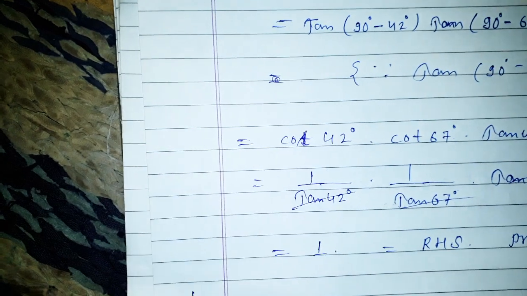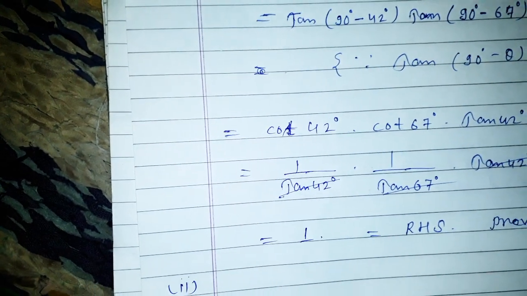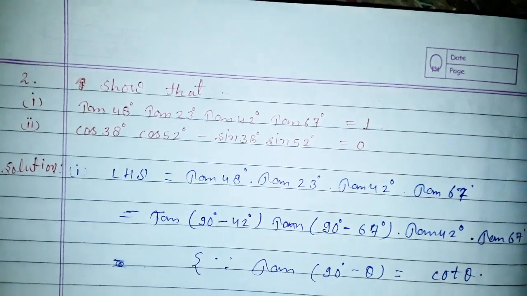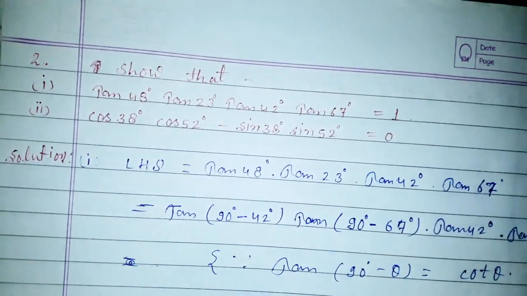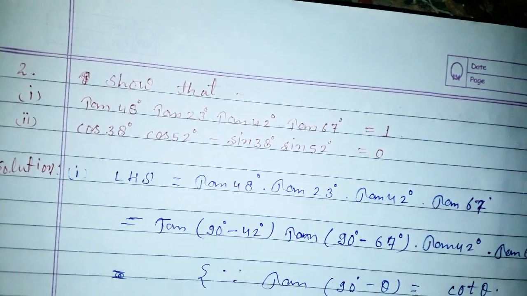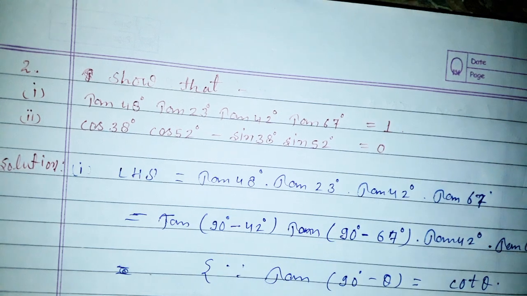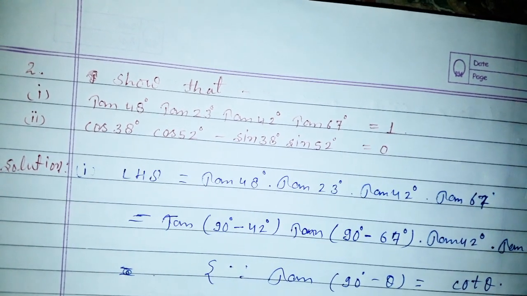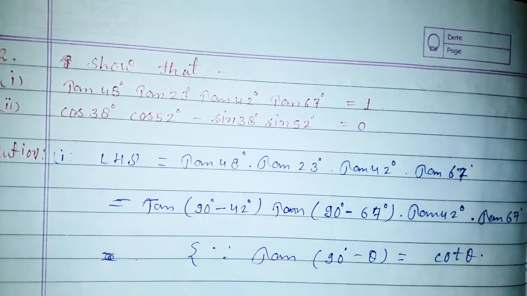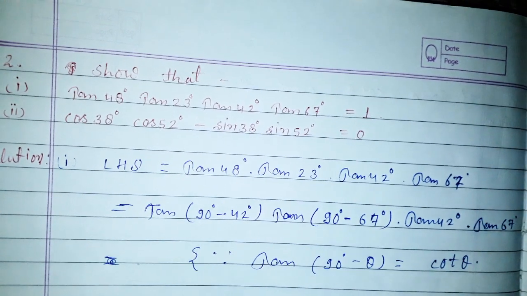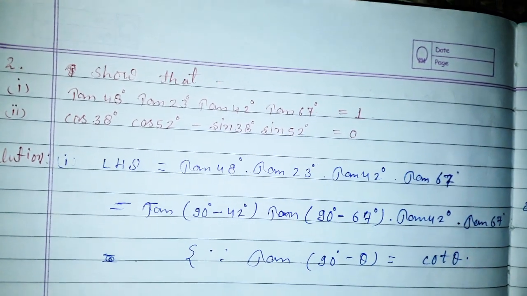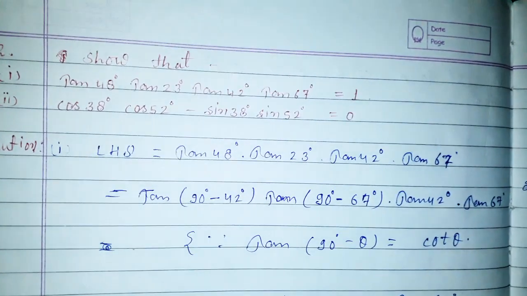Next is the second question: cos 38 degree cos 52 degree minus sin 38 degree sin 52 degree is equal to 0.